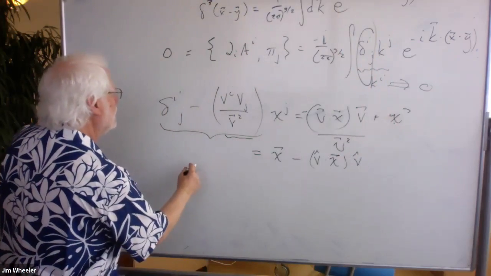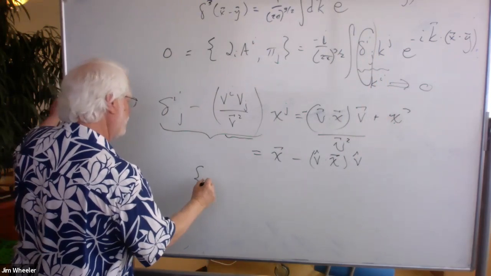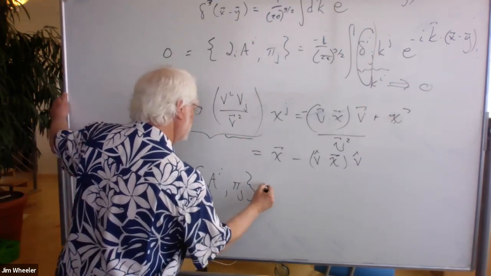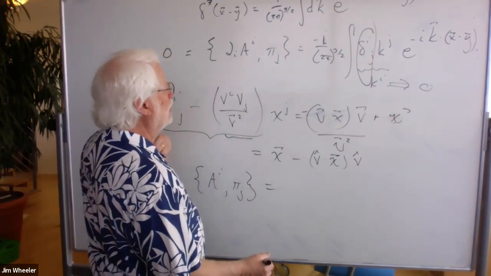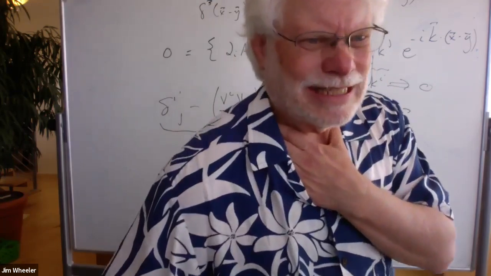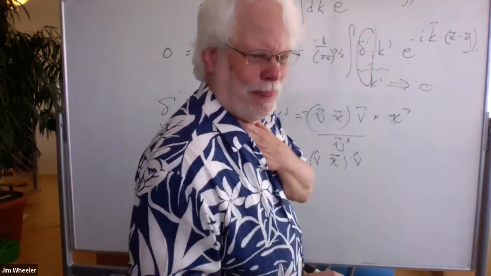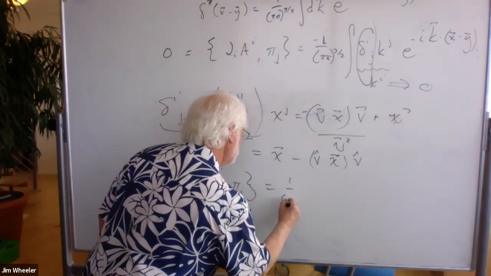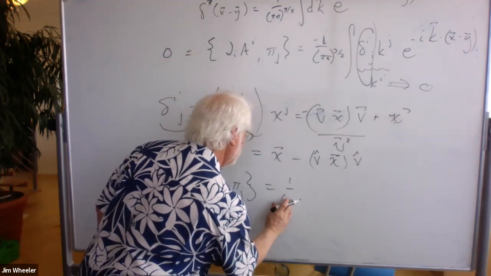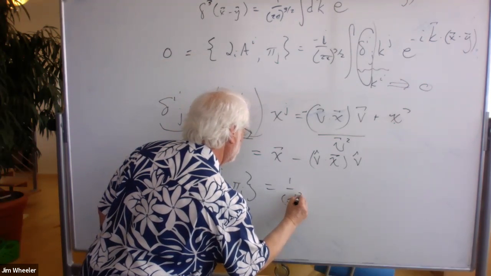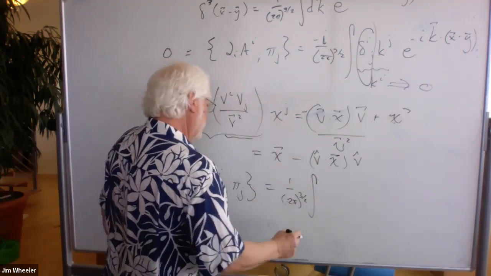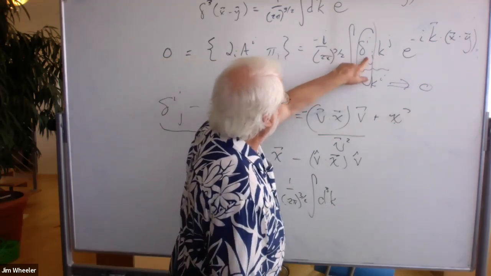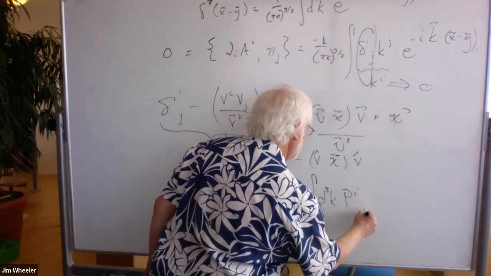So the Poisson bracket that we want to impose is A_i pi_j equals, and let me see how I write this now. Yeah, we're going to write it with the 1 over (2 pi) to the 3 halves, the integral d3k, and now instead of the Kronecker delta here, we're going to put P_ij.